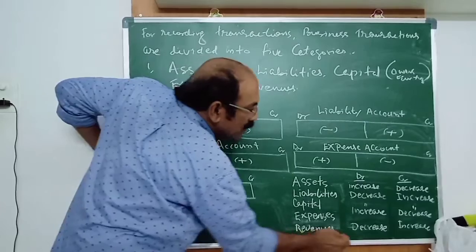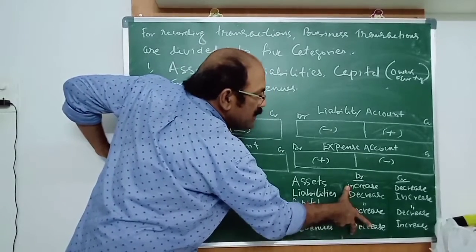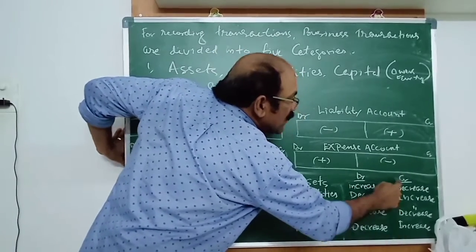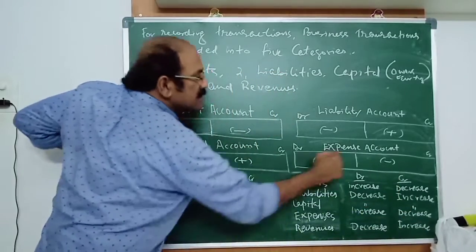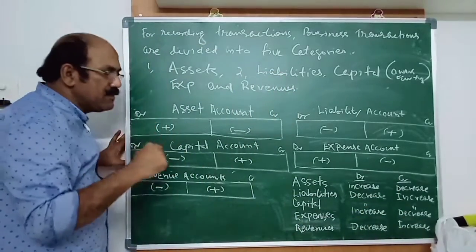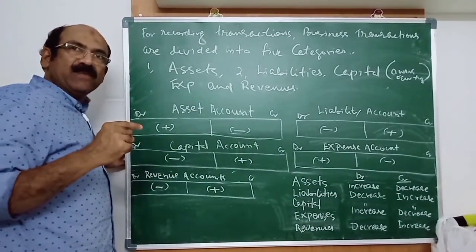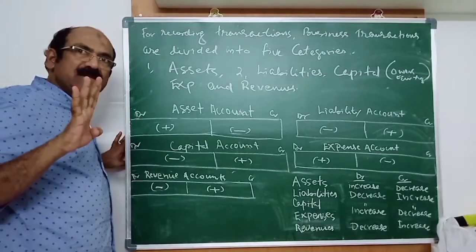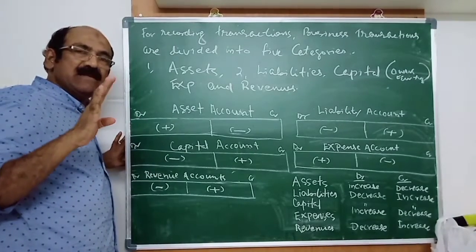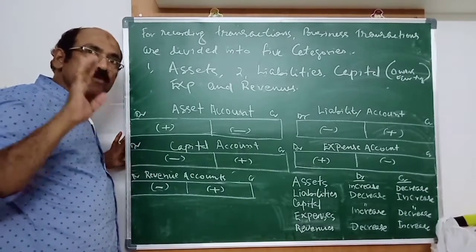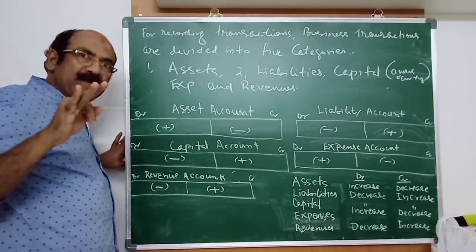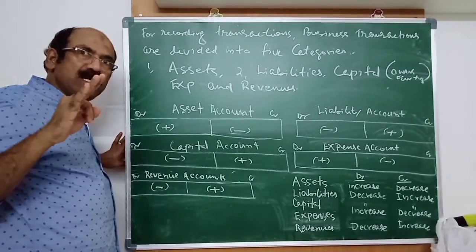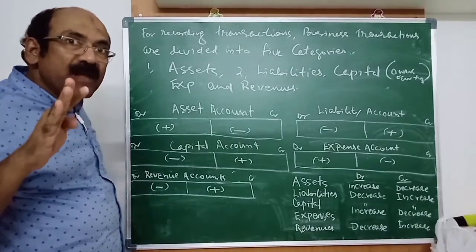Revenue, decrease when you debit, increase when you credit. This is the essence of what is happening when you debit something and credit something. So main business transactions are categorized into 5: asset, liability, capital or business owner's equity, expenses, and revenue.